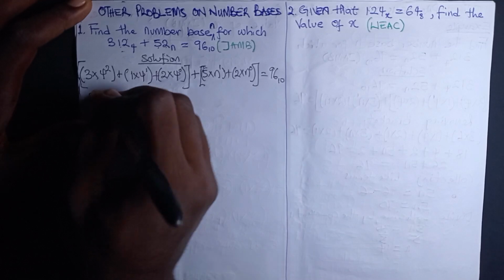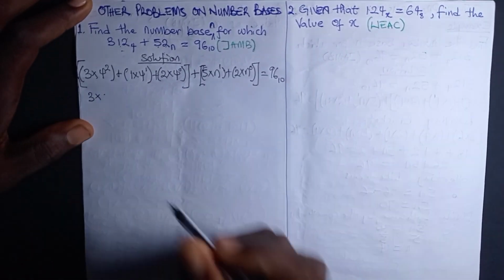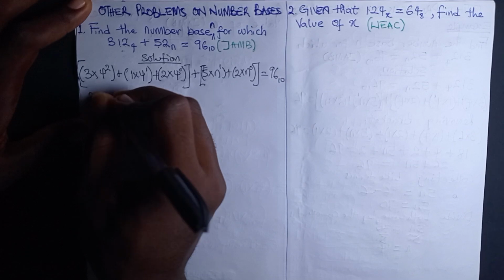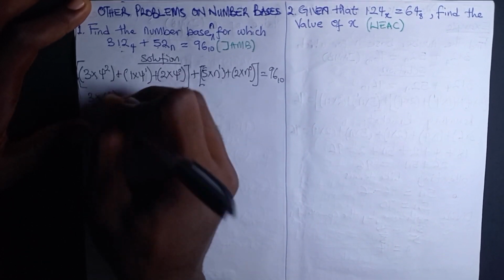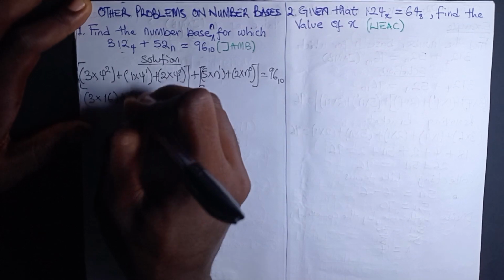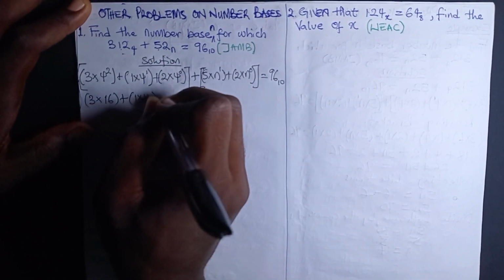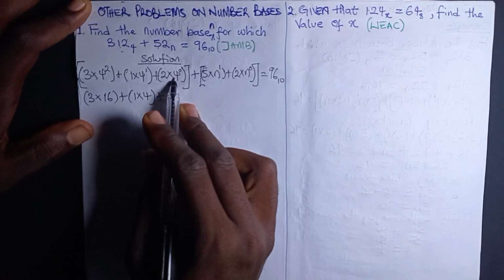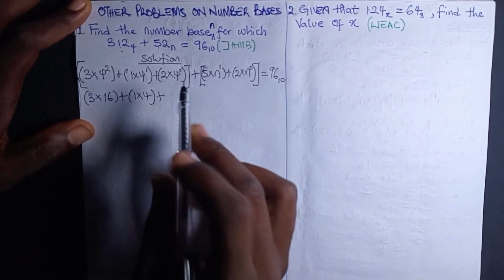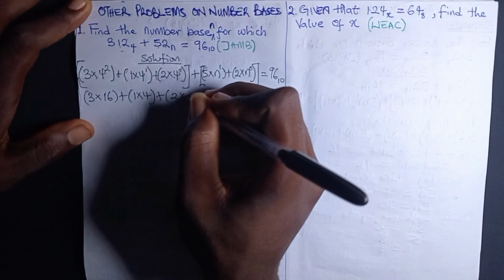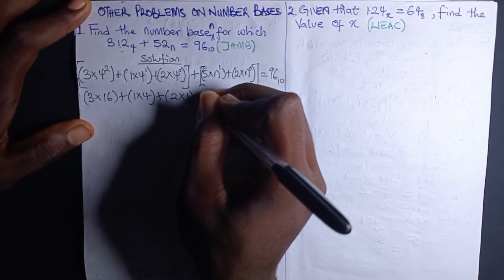3 times 4 raised to the power 2 is 4 times 4, which is 16. Plus 4 raised to the power 1 is 4, so we have 1 times 4. Anything raised to the power 0, according to law, is 1, so you have 2 times 1.